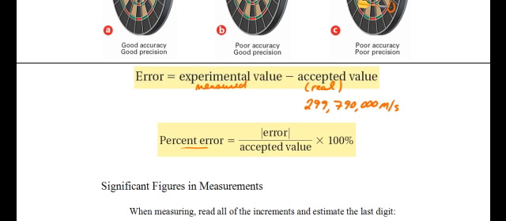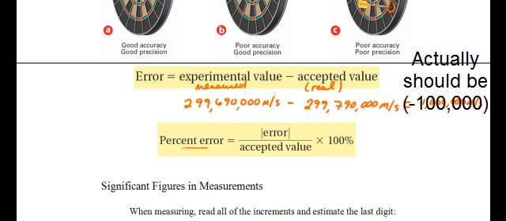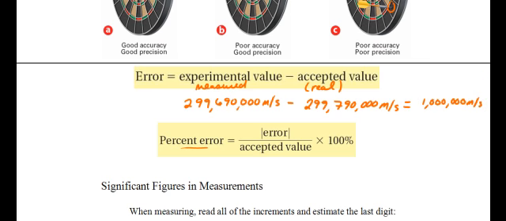Let's just say we made a measurement that was 299,690,000 meters per second. All right. When you subtract those two, you are actually off by a whole million meters per second. So that your error is 1 million meters per second, not 100 million. It's 1 million meters per second.